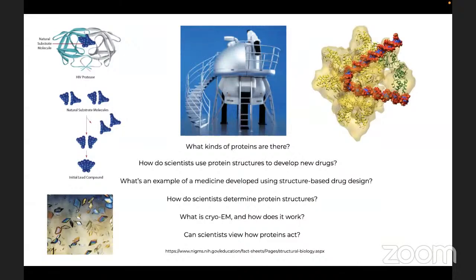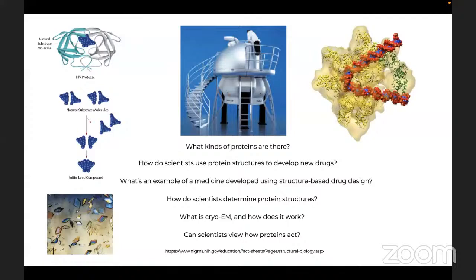So what would be an example of a medicine developed using structure-based drug design? I think researchers used structure-based drug design to develop some anti-HIV drugs. HIV protease, I think, is an enzyme that keeps the virus alive.